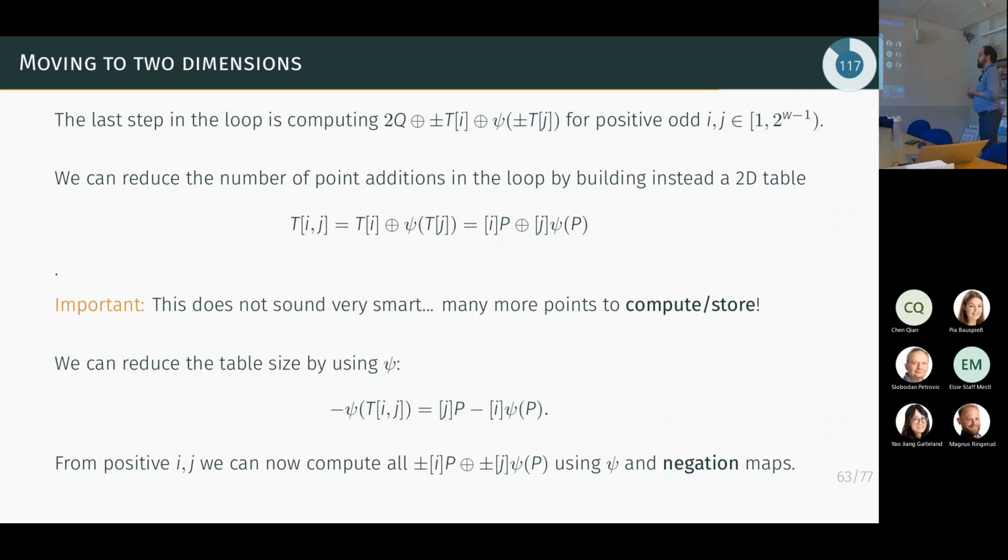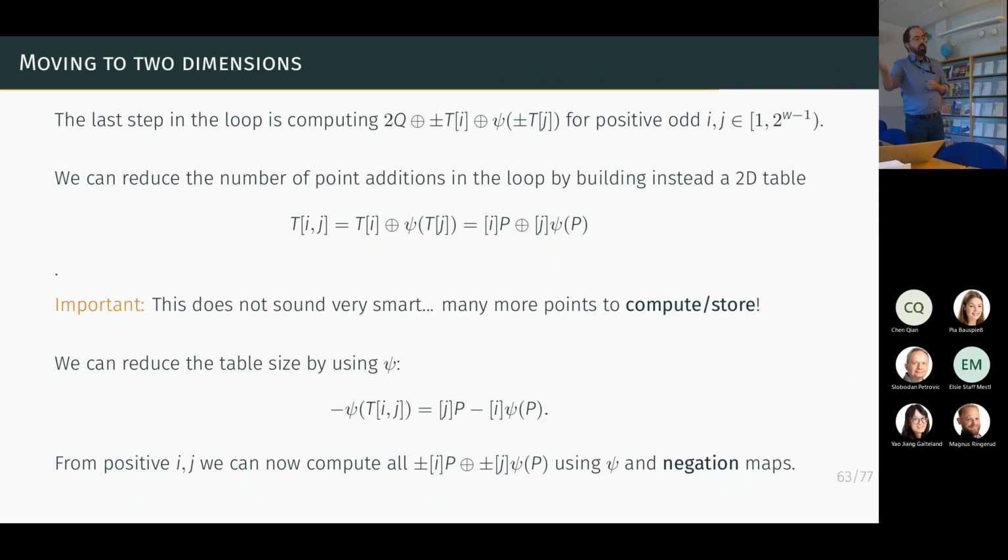But then we figure out a way to compress the table: if you have a position ij, you can apply the negated endomorphism to compute the position j minus i. So you don't need to compute all choices of i and j for the table, all the Tij's. You compute half of them, and you use the endomorphism to compute the other half.